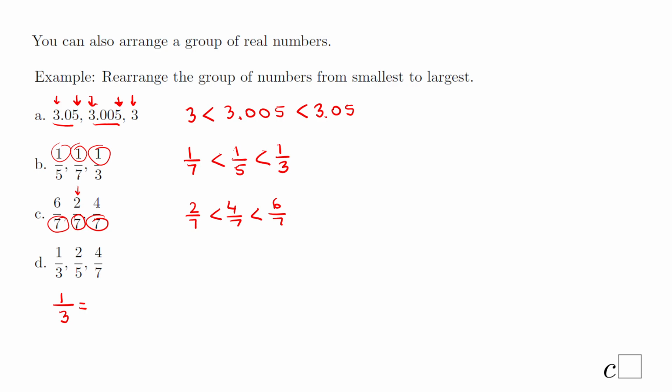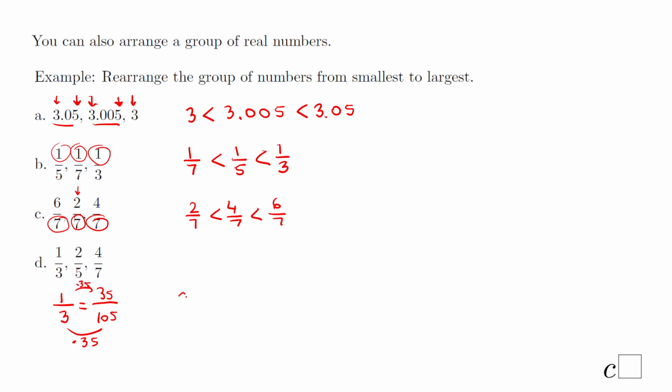Well, let me check. And yes, it's 105. And 3 times 35 is 105. So here we have 1 times 35. So we have 35/105 as an equivalent fraction.